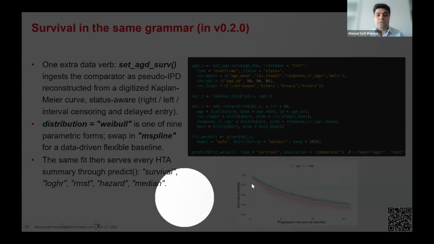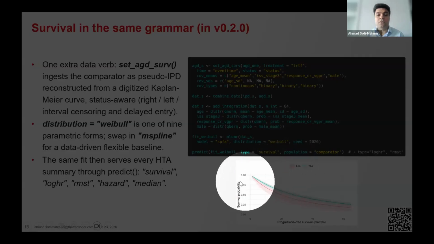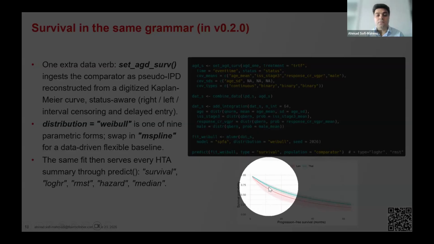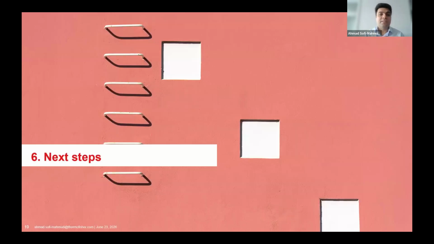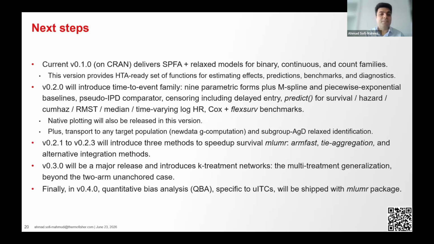And this is the survival mlumr from the data in the survival vignette of mlumr. And then next steps. As we discussed, in the current version we have SPFA and relaxed models for 3 types of outcome families. And we have HTA-ready functions for estimating effects, predictions, benchmark, and so on.